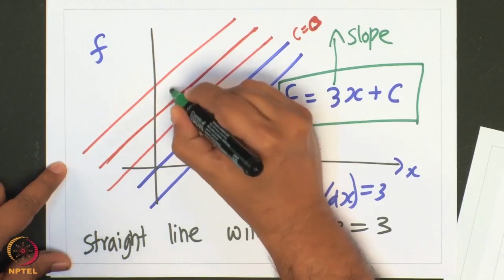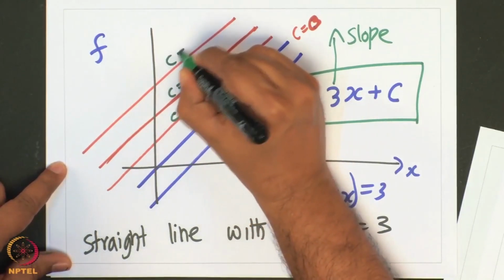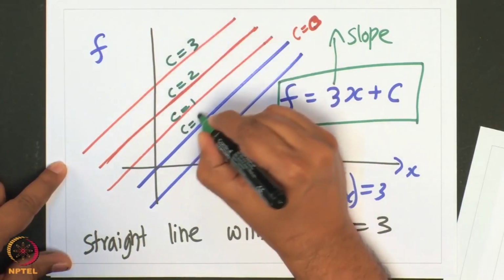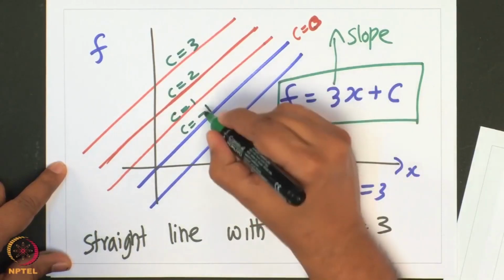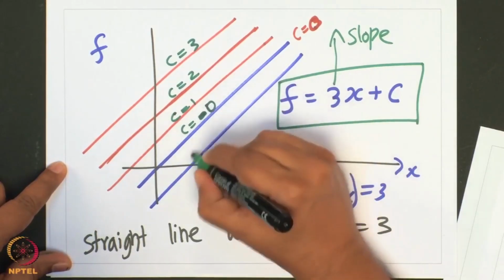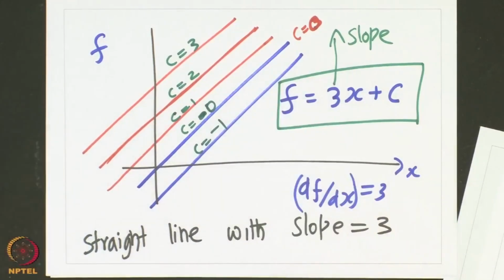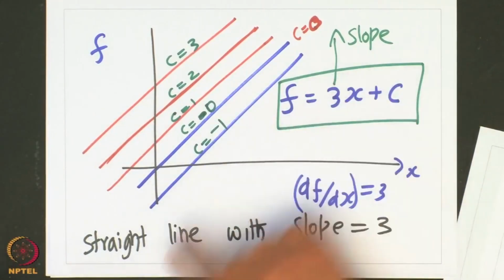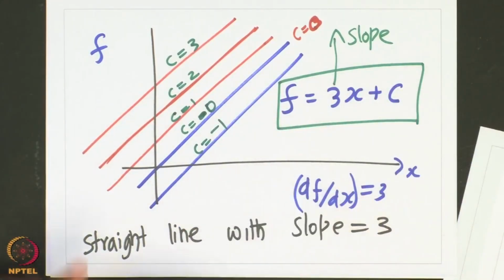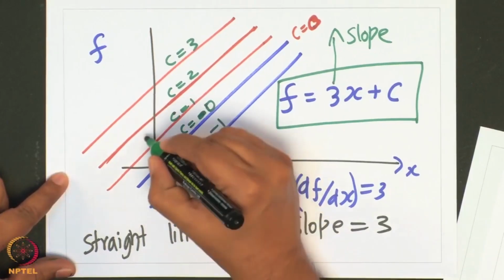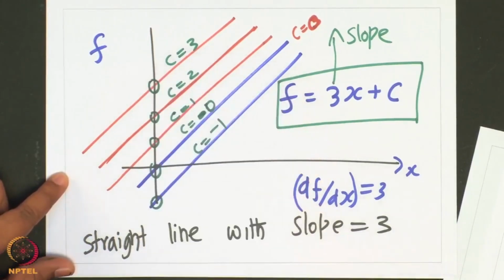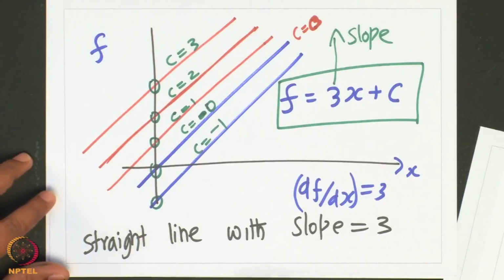This will be c equal to 1, this will be c equal to 2, c equal to 3, c equal to minus whatever. This is c equal to 0, this is c equal to minus 1. So if you tell me a c value, which is the y-intercept, and the slope, I can get you this function.